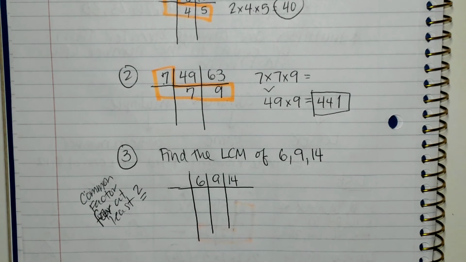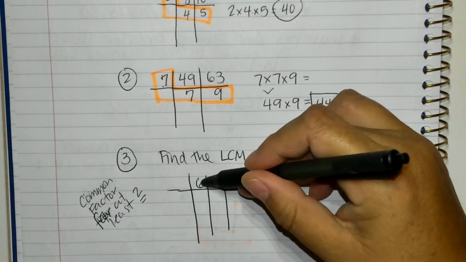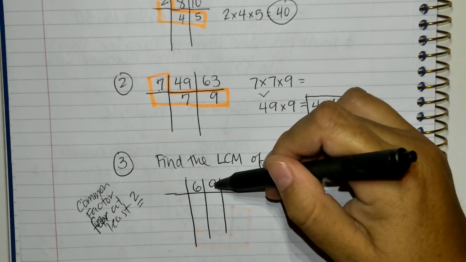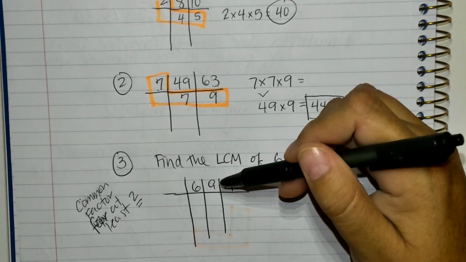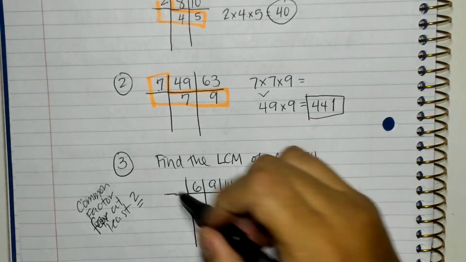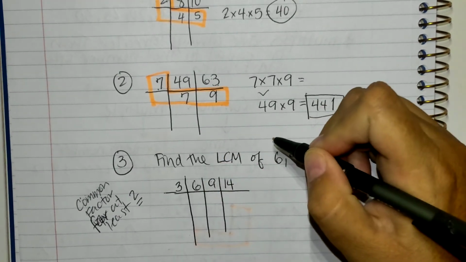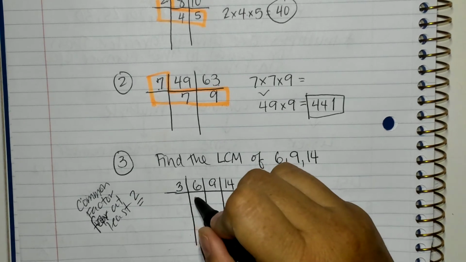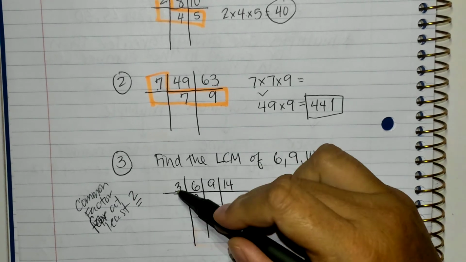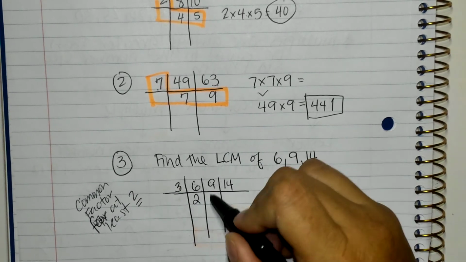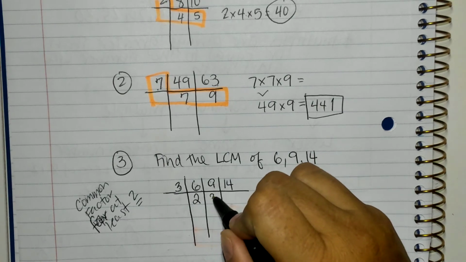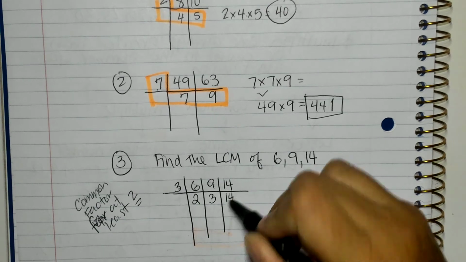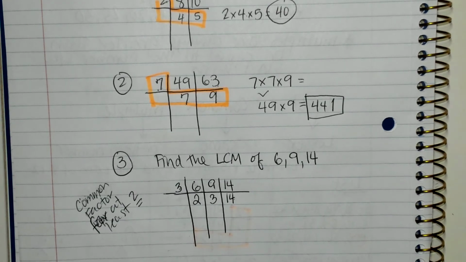So what I'm going to start with is 6 and 9. I know that 6 and 9 can be divided by 3. So I'm going to divide by 3, and I'm going to do 3 into 6 is 2, and 3 into 9 is 3. And I'm going to move my 14 down because I didn't do anything with it.